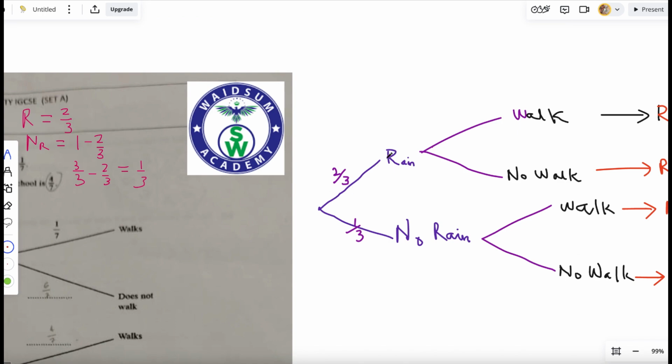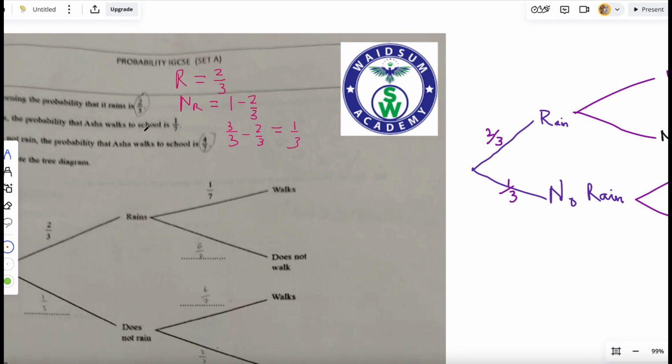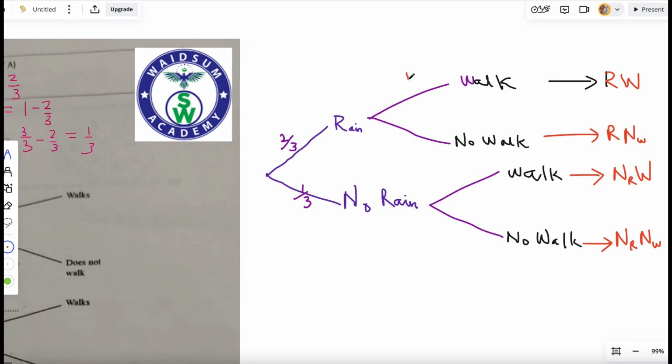This is the only branch where it rains. If there is no rain, it's the other way. So here, this branch, we have 1 all over 7.